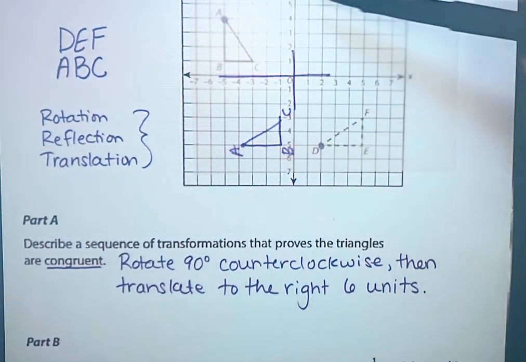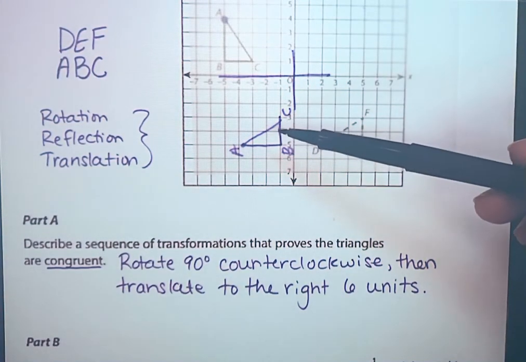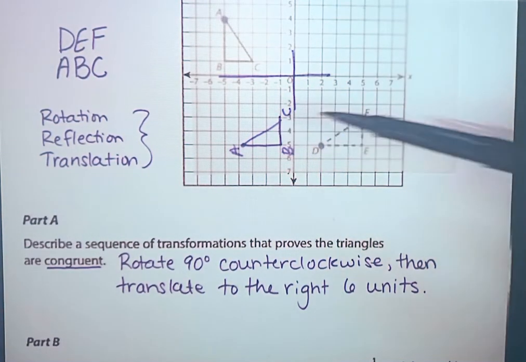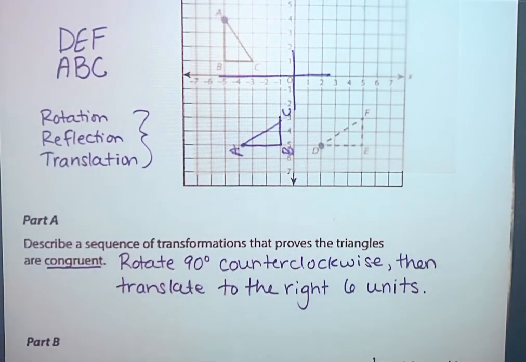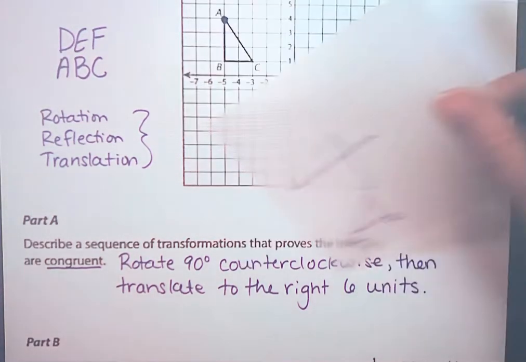So if you go this direction, clockwise, it would take 270 turns to get to the right spot before you translate over. So instead of saying 90 degrees counterclockwise, you would just change it to 270 degrees clockwise, and then everything else stays the same, and both of those answers are equally correct.